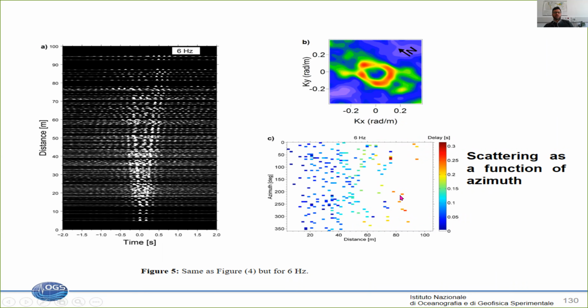So there are azimuths from which I can see faster or slower arrivals. So it changes with respect to other azimuths. And 6 Hertz, if you remember, is a longer wavelength, so it's going deeper.